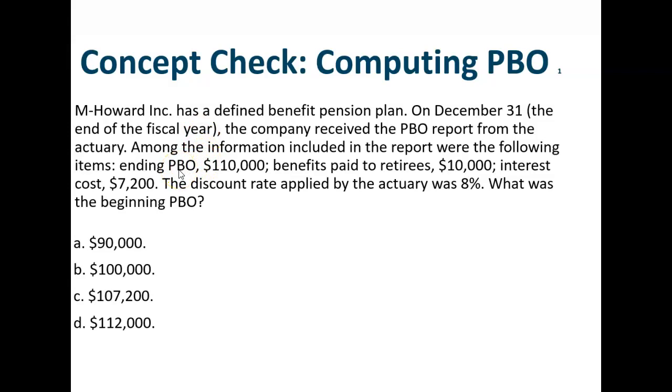Ending PBO was $110,000. Benefits paid to retirees during that year was $10,000. Interest costs for that year was $7,200, and the discount rate applied by the actuary was 8%. What is the beginning PBO?